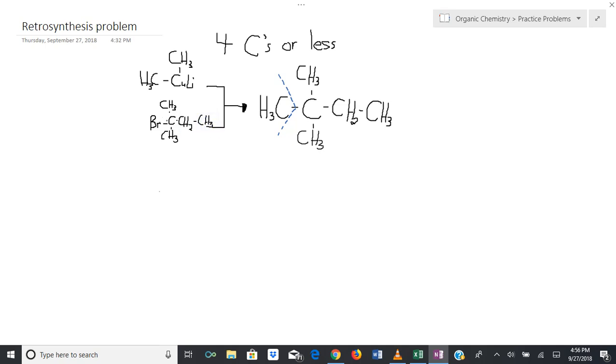Okay. So you can see this halide has 5 carbons, so we can't start with this. So we need to synthesize this. To get that a bromide on, we would have to use Br2 with heat or light, and we'll have our pentane.